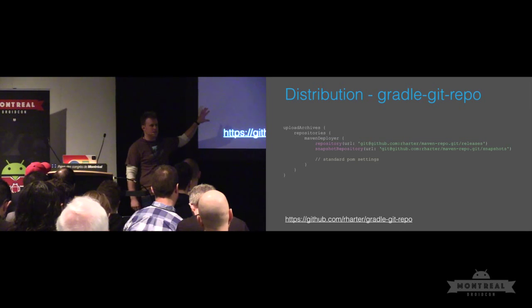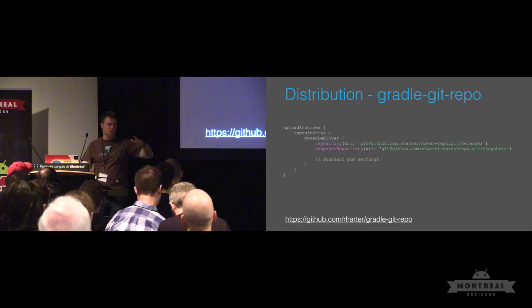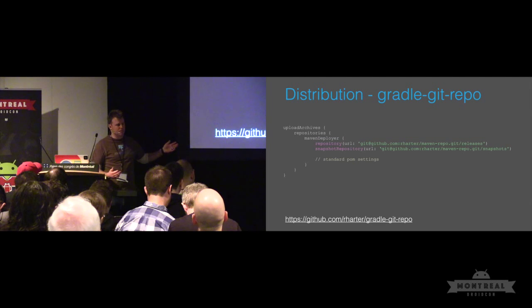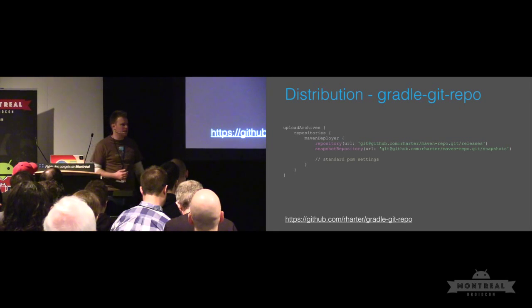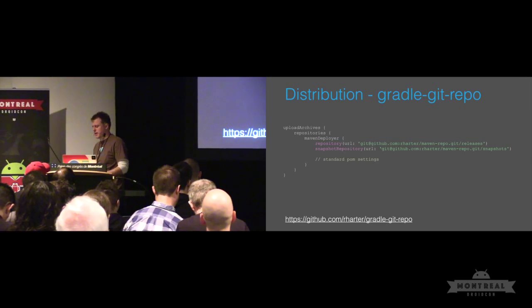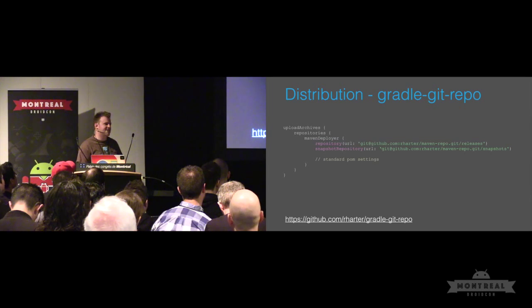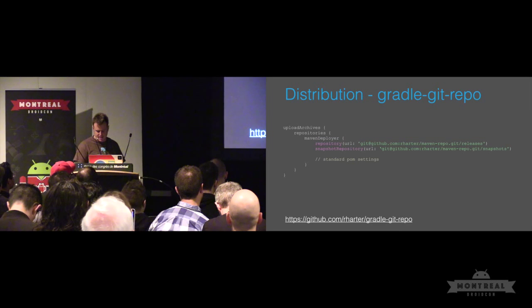If you have a public repo for your internal stuff, if that makes sense, this still works. If you have open source stuff, don't use a custom repository, because then everybody has to add it to their POM. It's a pain. POM? Build.gradle file. Just use Maven Central.